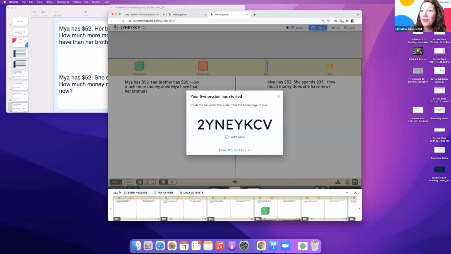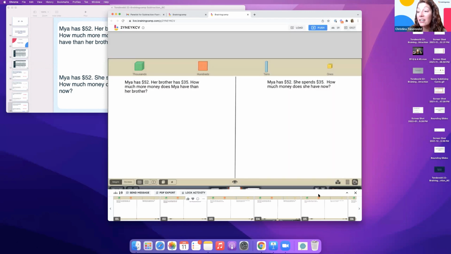All right, so you can go on to brainingcamp.com, click the area up at the top about share code, paste that in, and then we're able to go live. Now, do you guys see all of these coming down here? That's the cool part about live. If I just gave you a share code, you guys would all be working on your own stuff. We wouldn't be able to see it. Going live, now I get to see how you guys are modeling this. So as you hop in here, I want you to start modeling these problems.